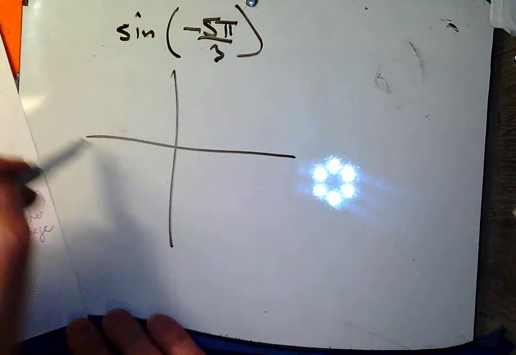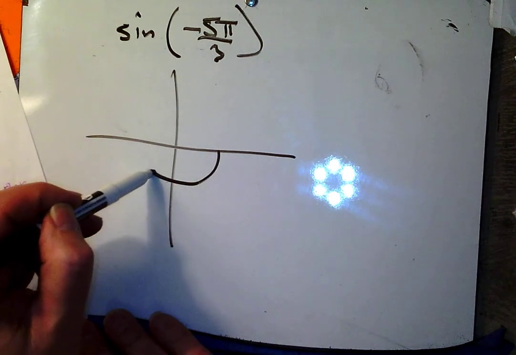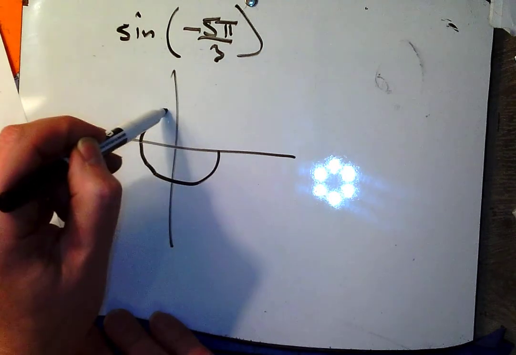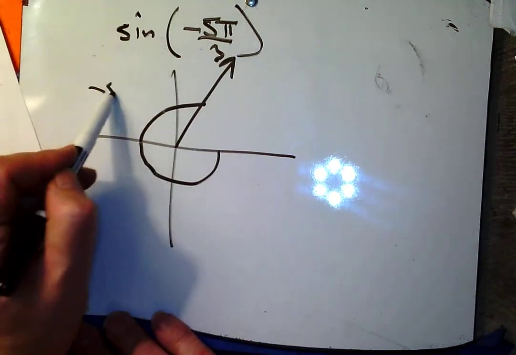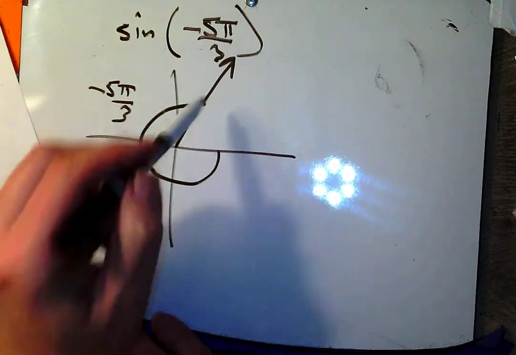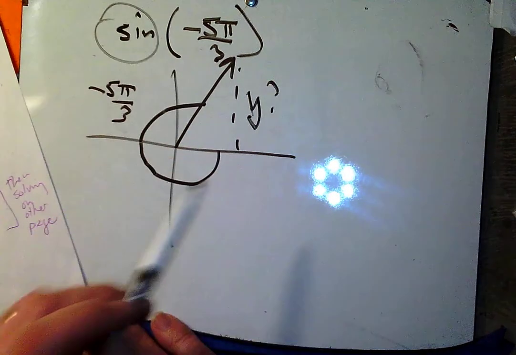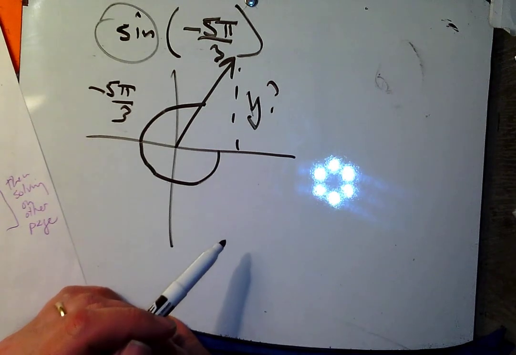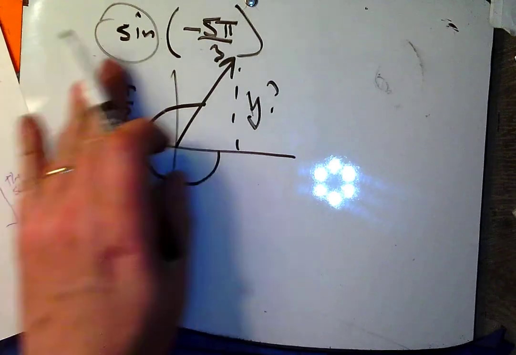Okay, so I could think about that visually. Minus 1 pi over 3, minus 2 pi over 3, minus 3 pi over 3, minus 4 pi over 3, minus 5 pi over 3. And since I'm looking for sine, I am looking for that y value. Okay, I could do that.